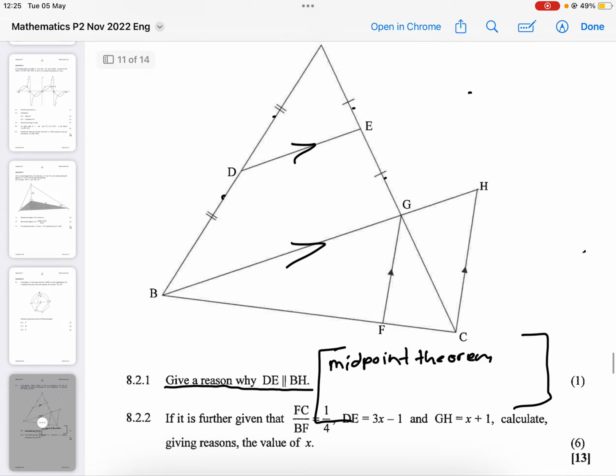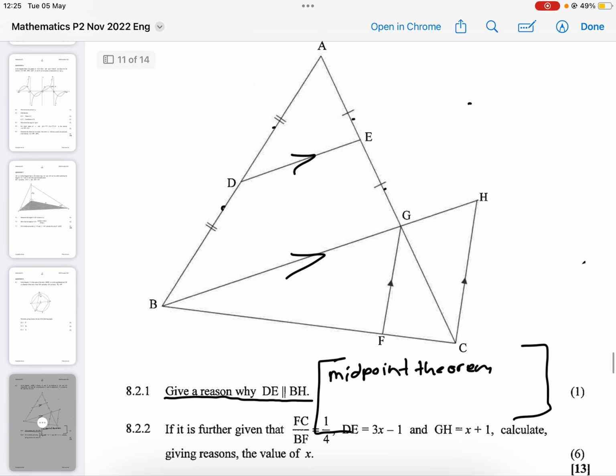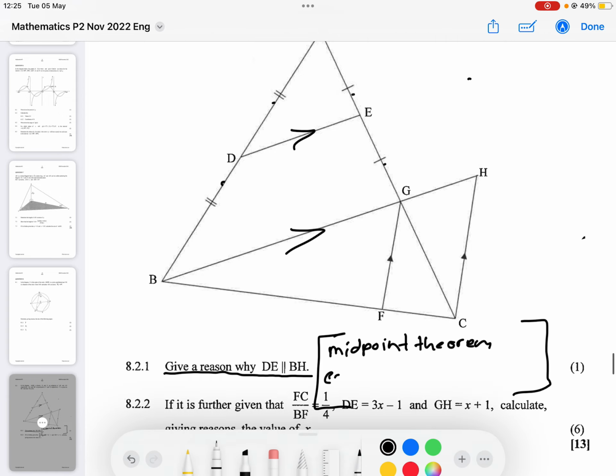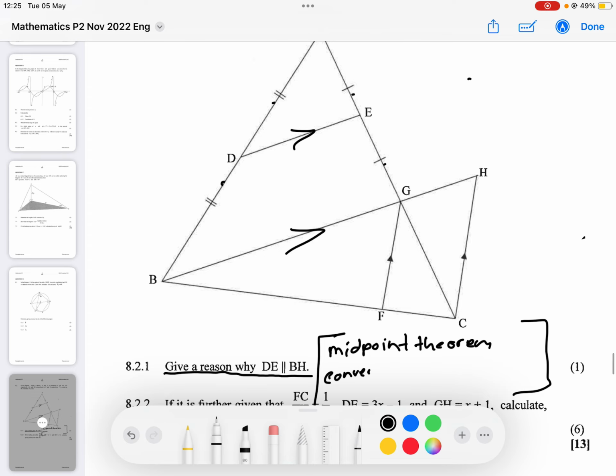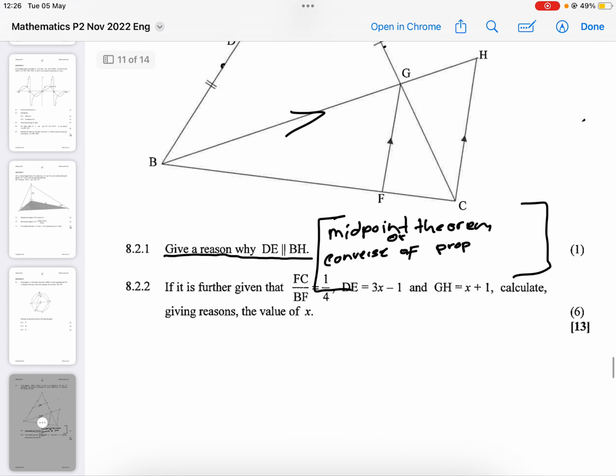Why do we say converse? Because the parallel lines were not given. So we can say this is a converse of proportionality. Yes, you can give either reason, 1 mark. One of the reasons will be fine.